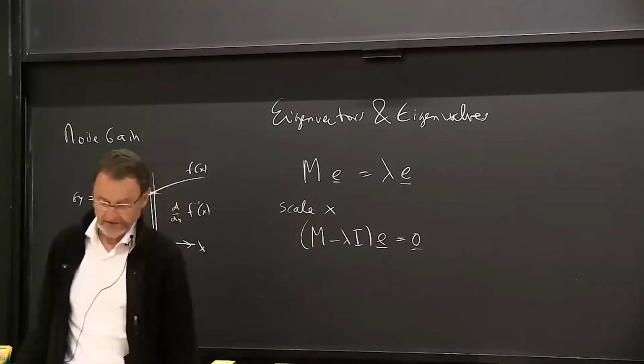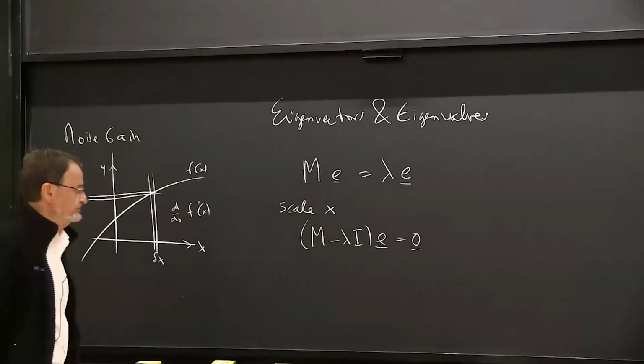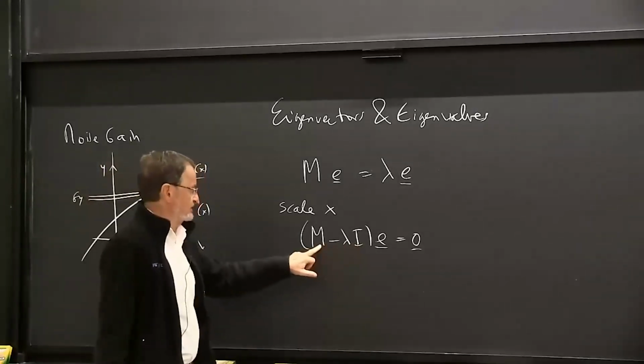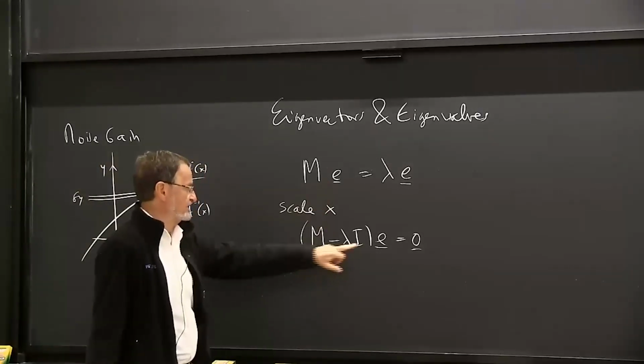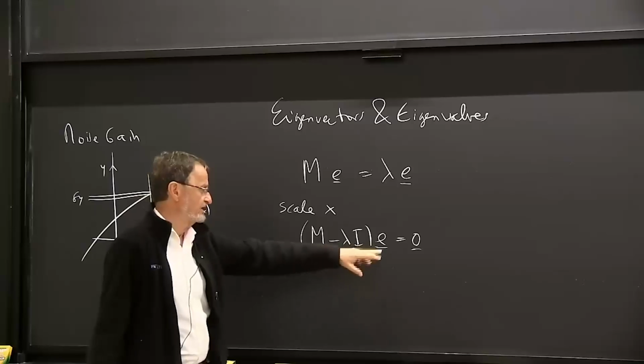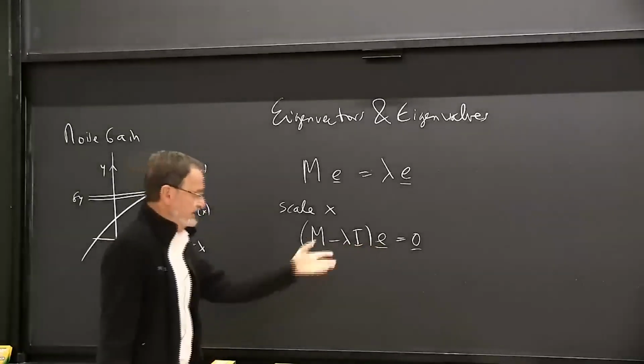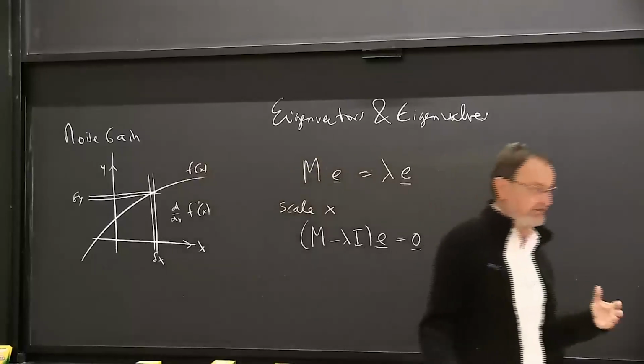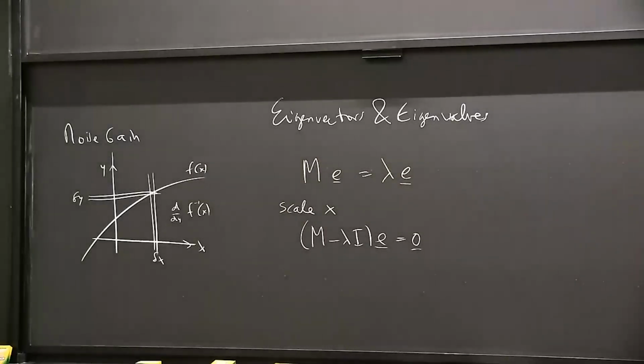If M is n by n, then I will be n by n. And so this is exactly the same equation, M times E minus lambda times E is 0. Okay, so there's a set of linear equations. And we've been bragging about how linear equations are so easy.